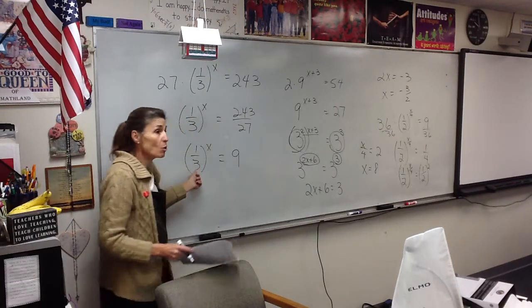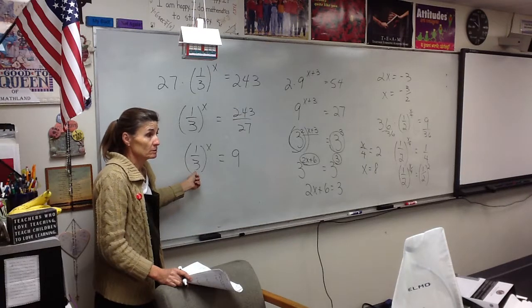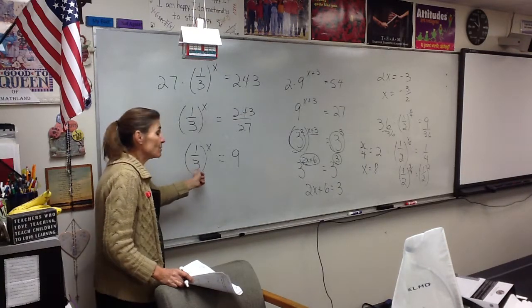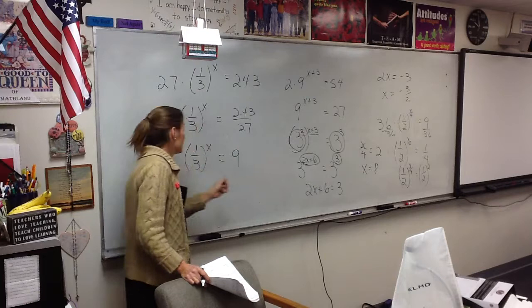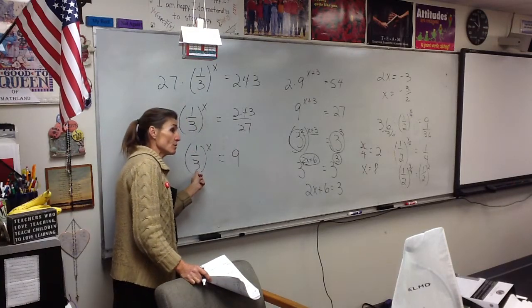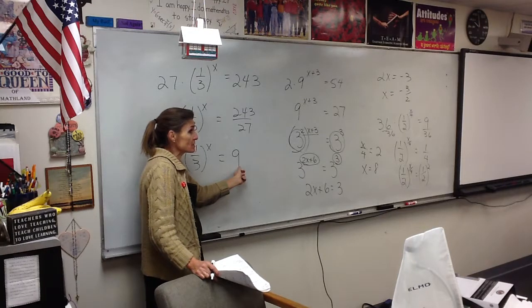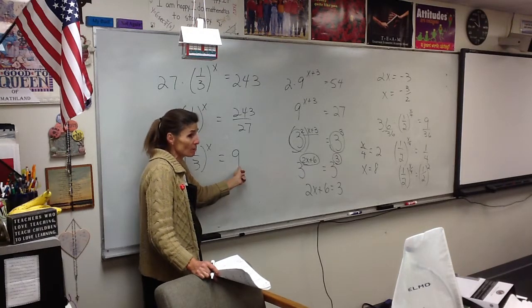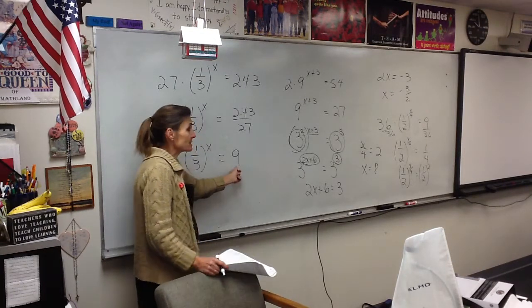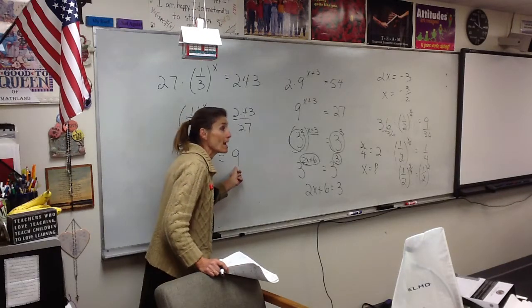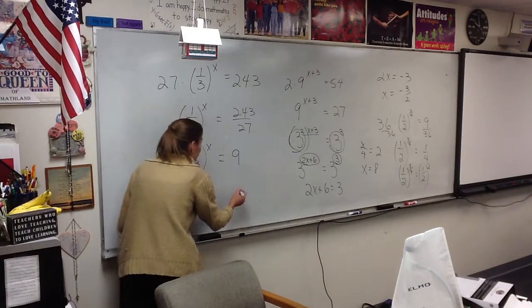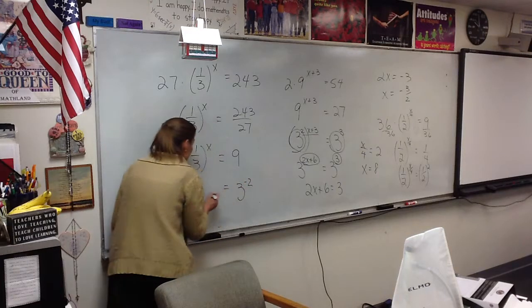Now, this is a 1 over. So I can go either way. I can leave this as a 1/3 and recognize that if I need to change this, it's going to have to be a negative exponent, right? And since it's a 9, that's 3 squared. So this would have to be 3 to the negative second.